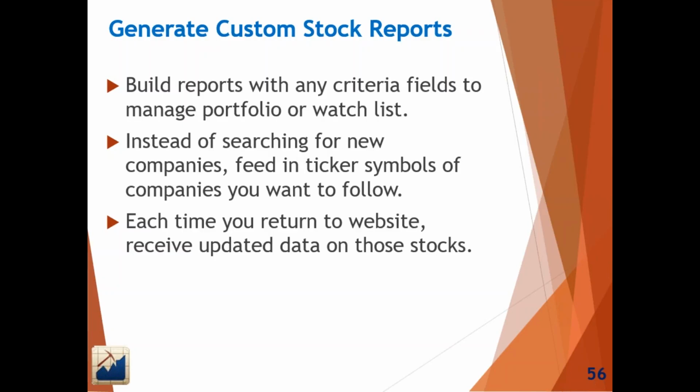And every time you visited the site and ran that criteria, that screen, it would say, all right, here are all of the companies in your watch list. Here's the current price. Here's the current PE ratio. Here's the current growth rate, et cetera, to help you watch those companies from a fundamental perspective to know if it's a good time to buy.